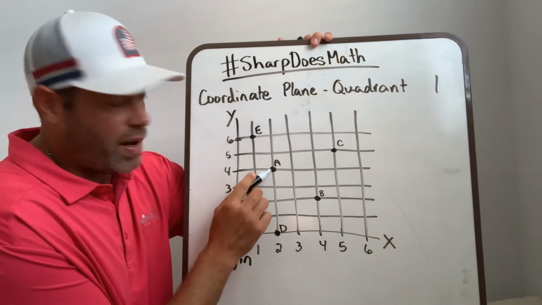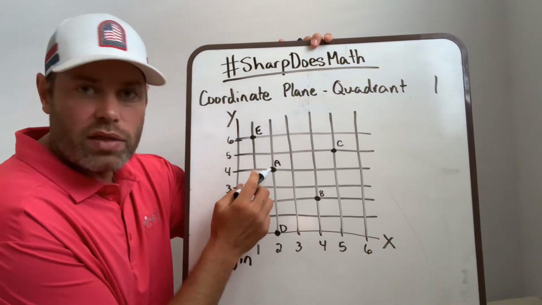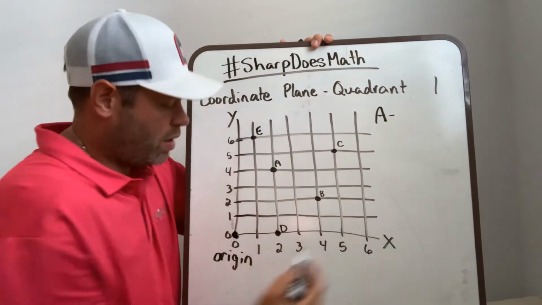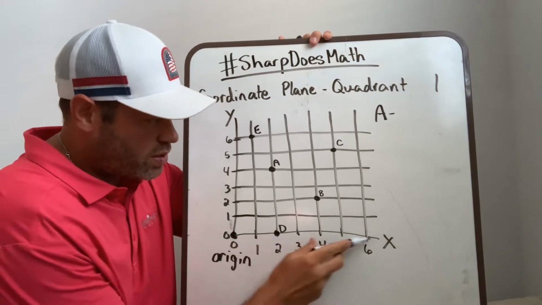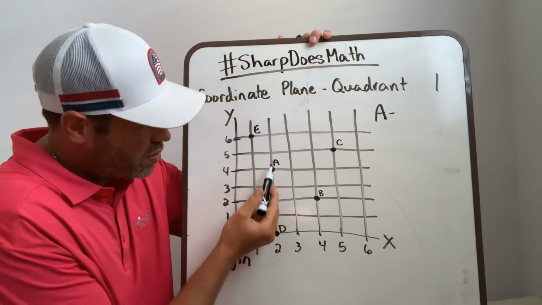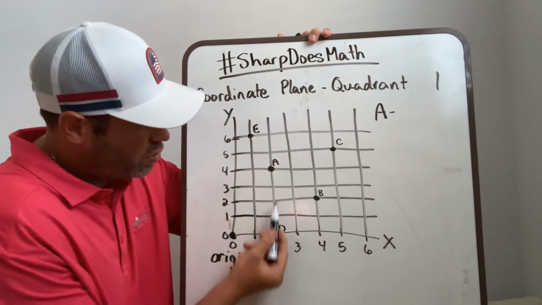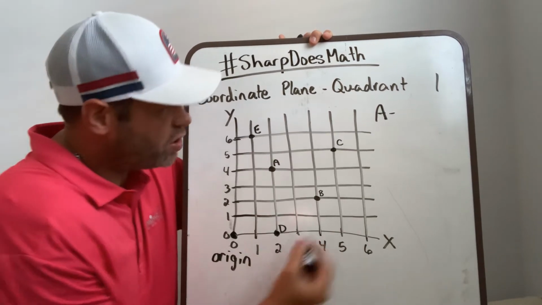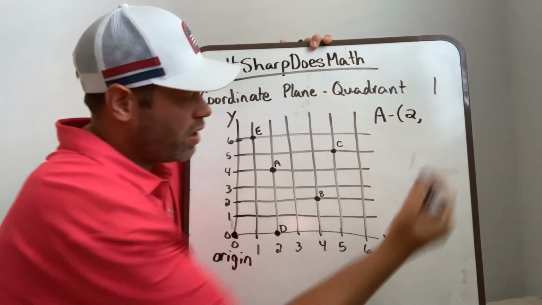So let's start with A right here. If I were trying to write the coordinate pair for A, and I'm going to put it over here, I'm going to start at the origin, and I'm going to go down the x-axis first. You can see A is actually at the 2 on the x-axis there. So from here, I go 2. So here's how I would write it: 2, comma.